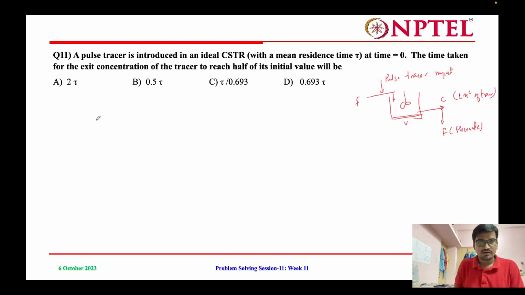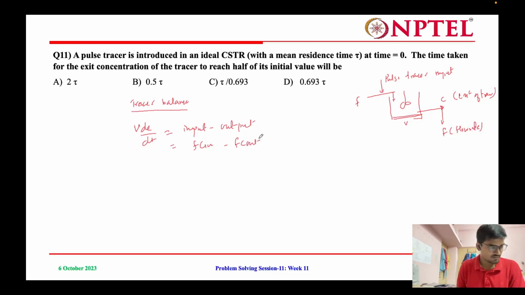Now we have to do a balance, a tracer balance. V dC by dt equals input minus output, equal to F C in minus F C out.